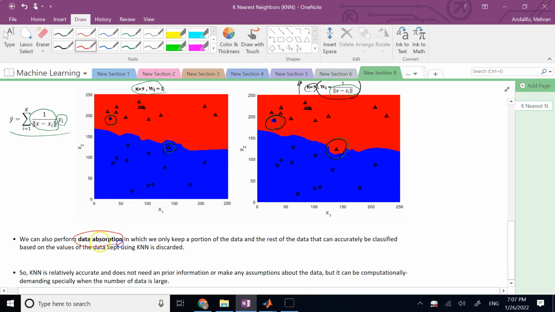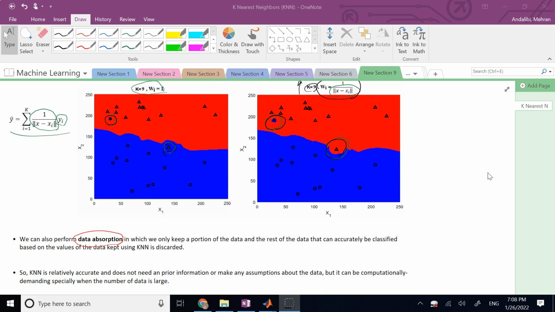And what is this data absorption? Here they're not going to use each and every one of these training data. Instead, they use a subsample of the data, and as long as that subsample is enough to accurately predict the class of all of the data, then basically it generates the same decision boundaries that you have.